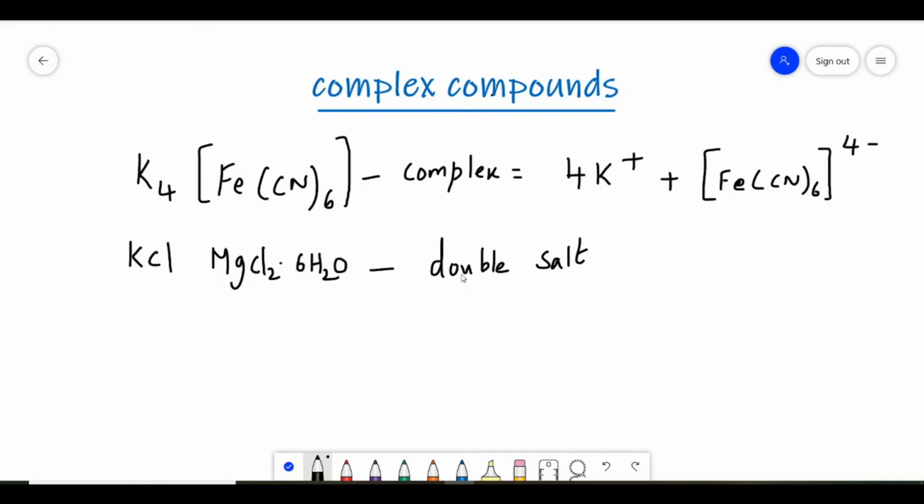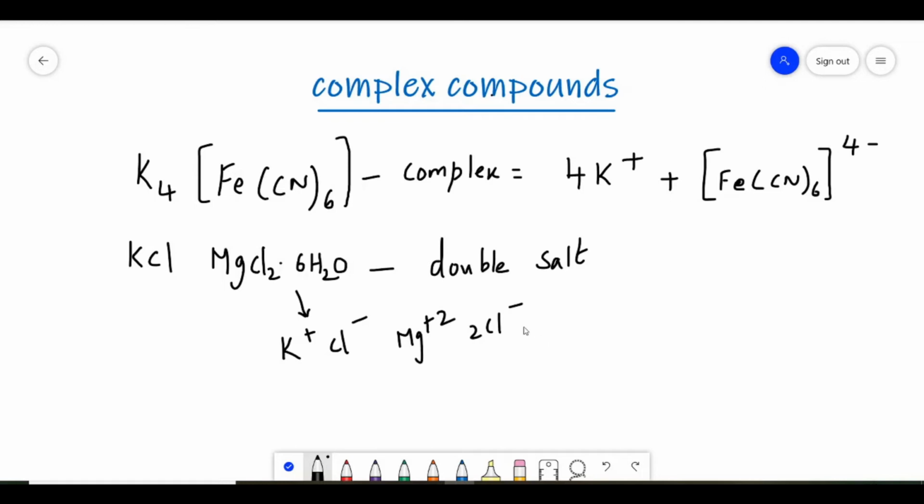But this double salt, when it is dissolved in water or any solvent, ionizes to K+, Cl-, and magnesium is ionized to Mg2+, and two chlorines are ionized to 2Cl-. So we will be getting all the ions K+, Cl-, Mg2+, and 2Cl-.